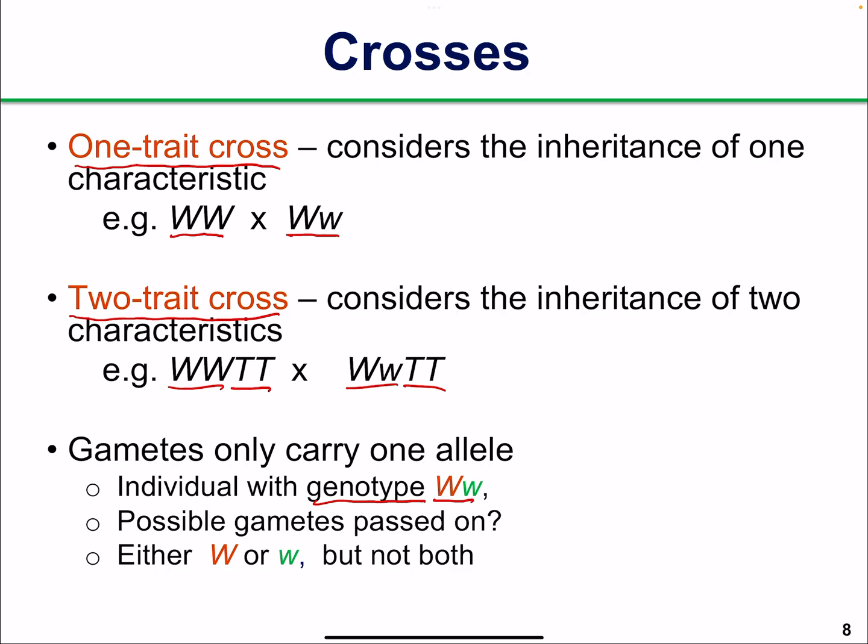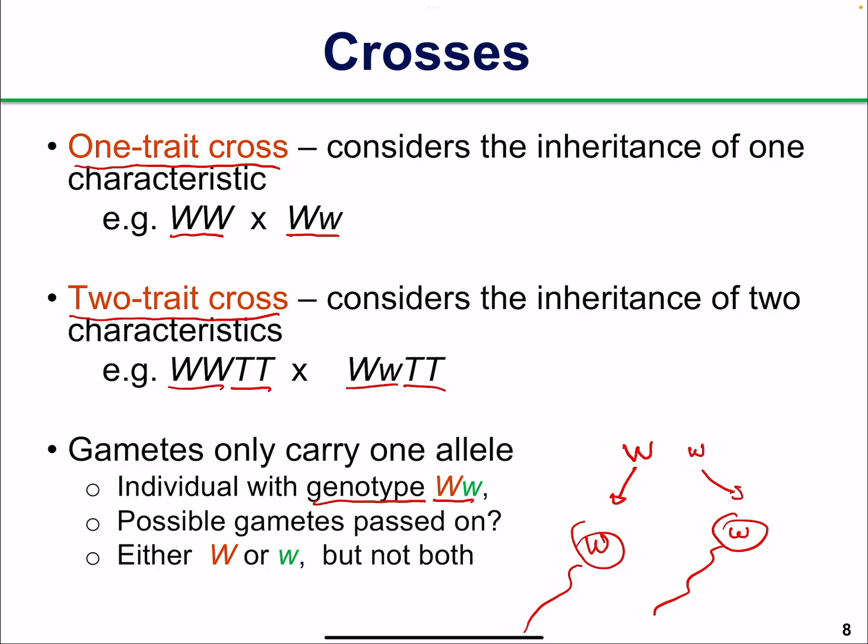Now, when you have capital W and lowercase w, one is going to end up in one gamete, another one is going to end up in another gamete, so that at the end of the day, whether you are talking about an egg or a sperm cell, they're going to have either capital W or lowercase w.